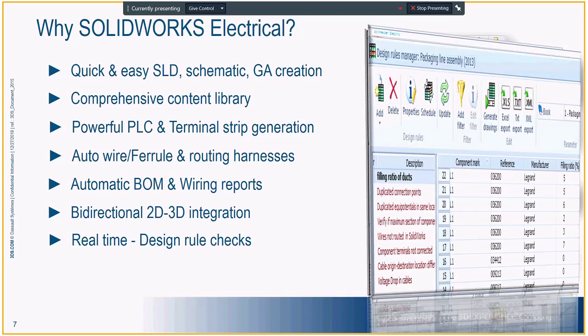For quality purposes, SOLIDWORKS Electrical supports real-time design rule checks, where rule templates help designers identify specified mistakes, such as duplicated connection points or duplicated equipotentials, or verify the maximum number of sections of the components.